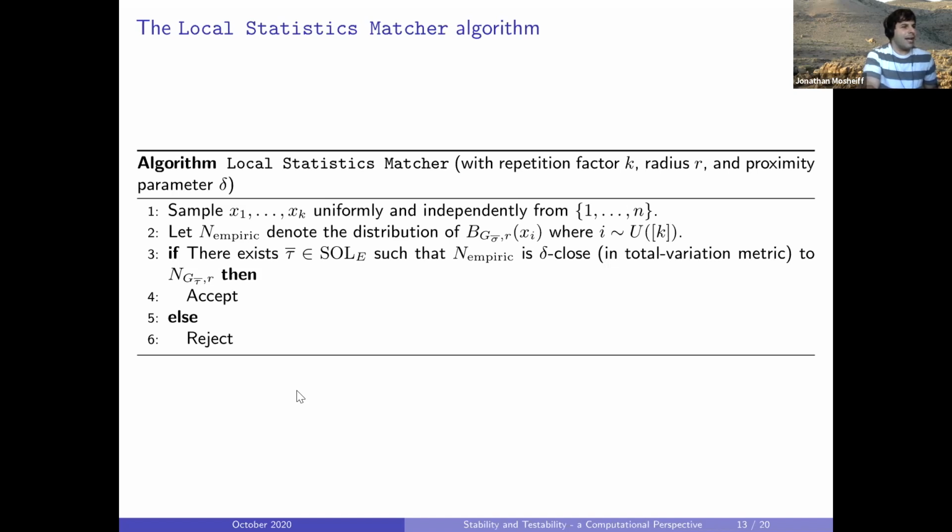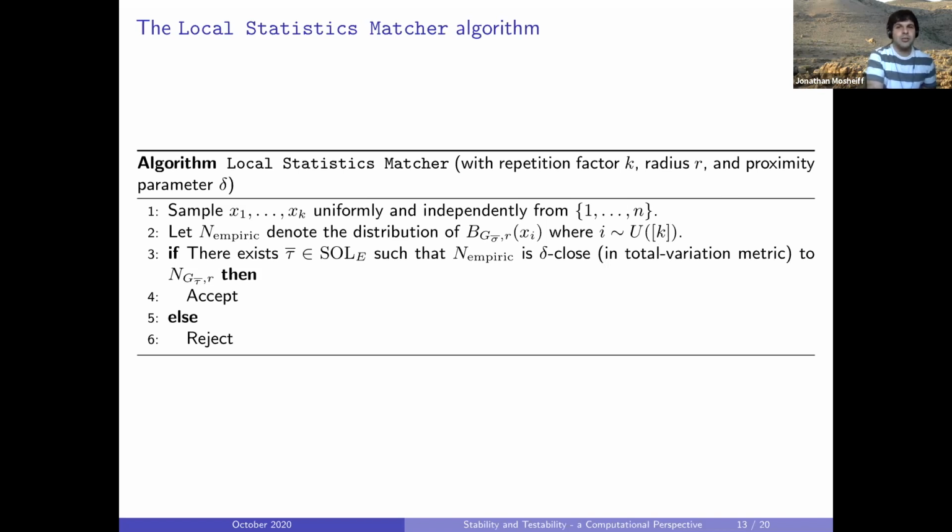If our empirical distribution is closer than some delta to that of some solution, then we accept, and otherwise we reject. The intuition here is that if sigma is a solution, then if we test enough balls, the distribution of balls should converge towards a solution distribution.